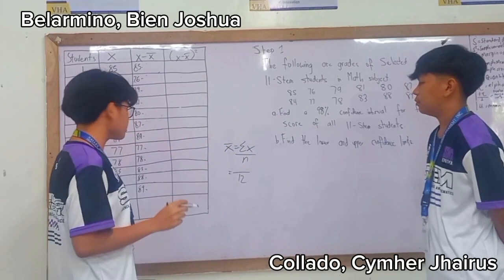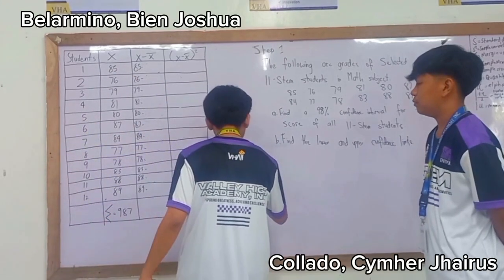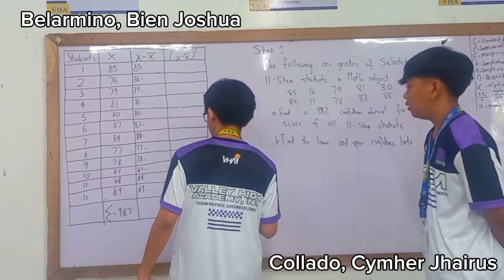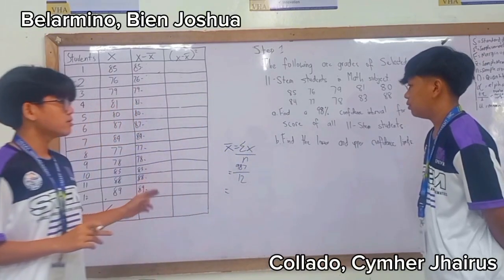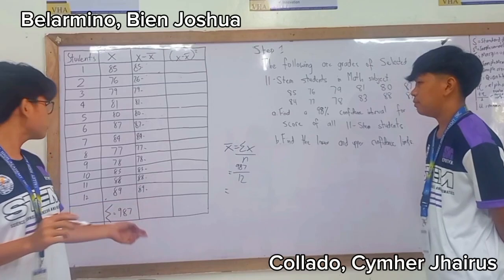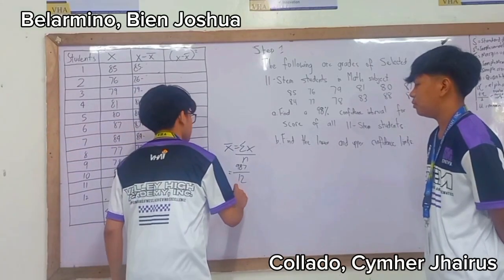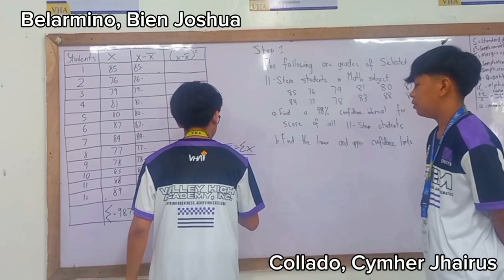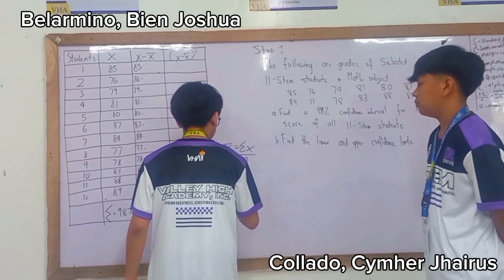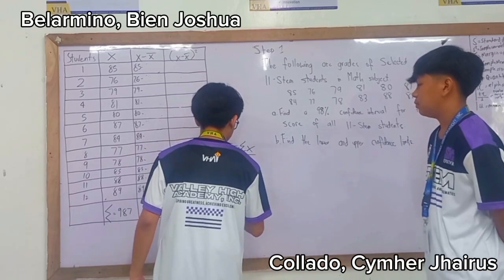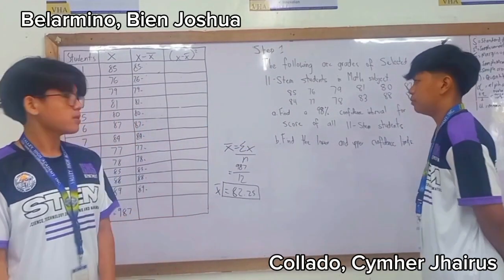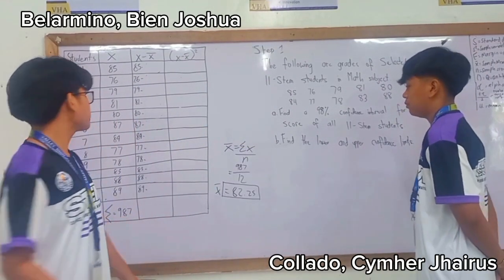Our summation of x is 987. Over 12 equals, so our sample mean is 82.25.